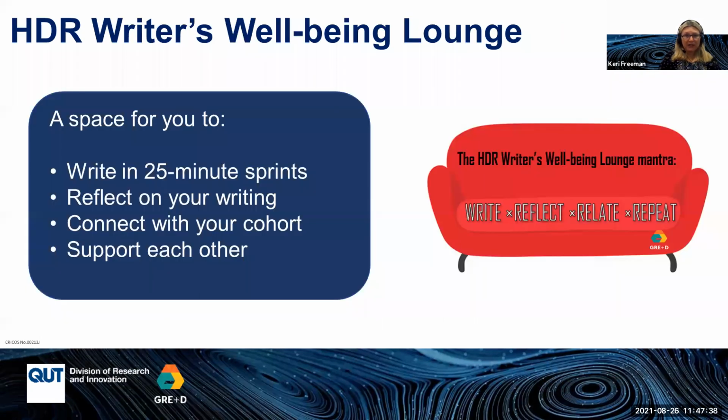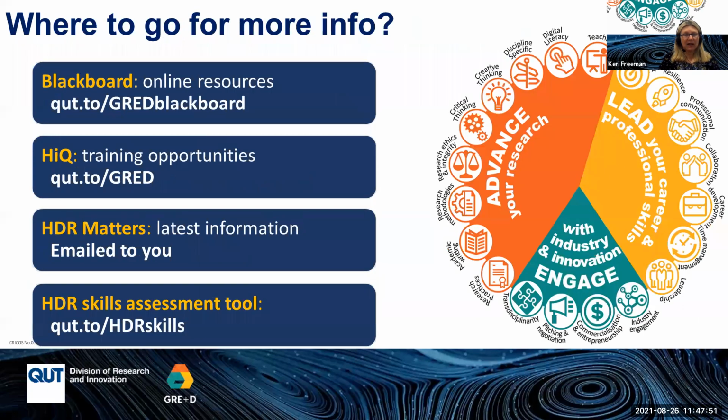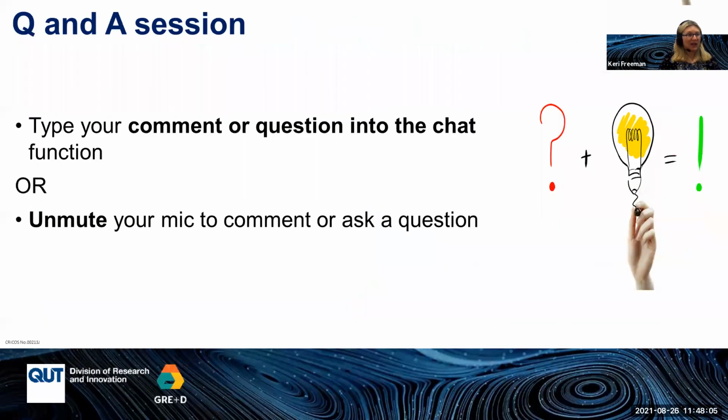We've got the Wellbeing Lounge, as I said, where you do 25-minute sprints. You connect with your peers and you can reflect on your writing. So you could schedule one of those as part of your writing plan. And everything you need to know is on Blackboard, HiQ, the HDR Matters email that comes to you. So no reason to not be informed on everything that's out there to help you.